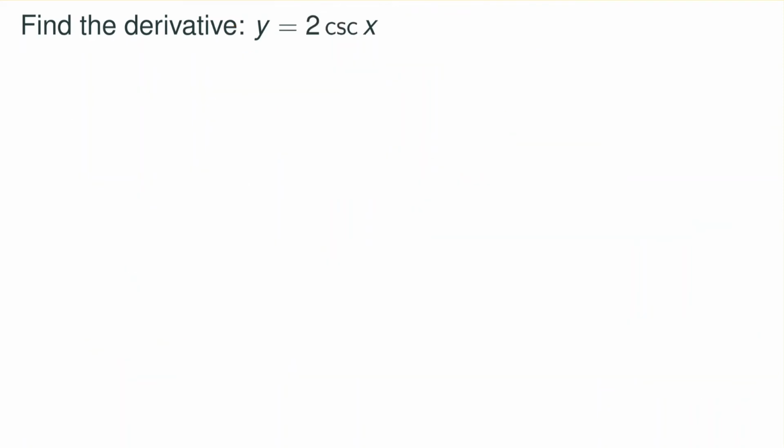Find the derivative of y equals 2 cosecant x. So here we can rewrite 2 times cosecant, which is 1 over sine x, as just 2 over sine x. So then we can apply the quotient rule here to find this derivative.